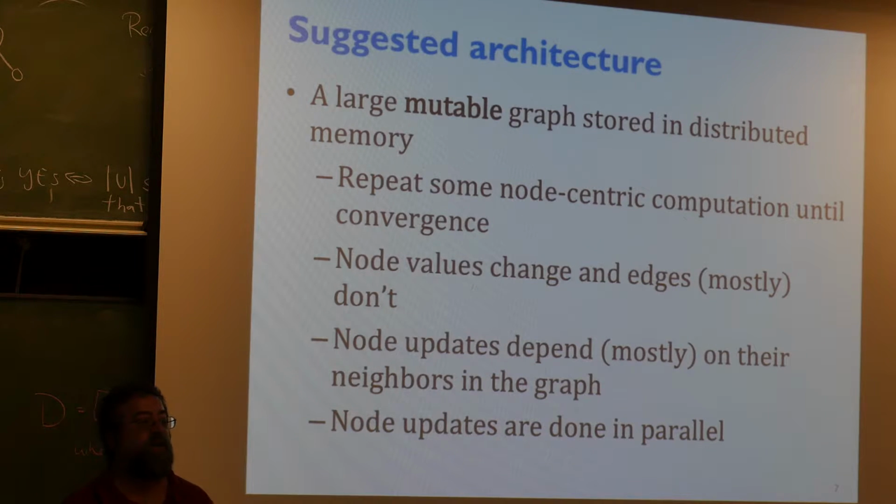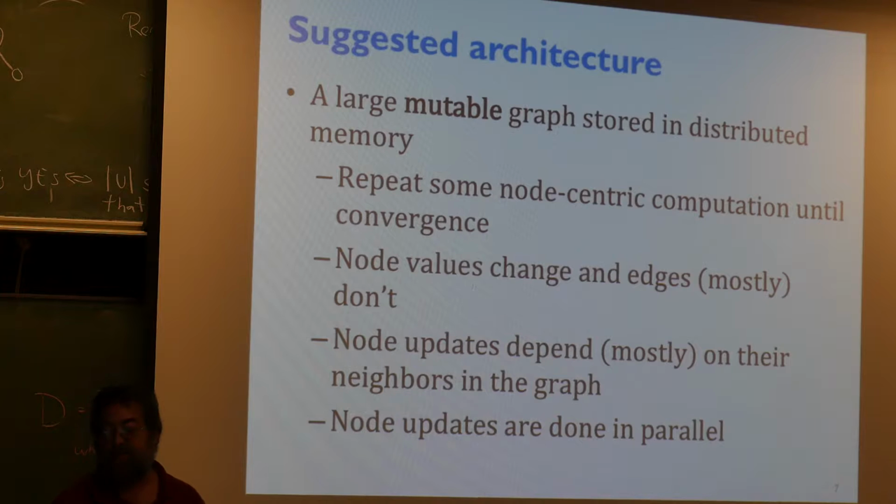It's stored in memory, typically in cluster memory, so usually it's distributed across multiple machines. Since this is parallel, we're going to at least have multiple threads accessing the graph. It'll certainly be accessed by multiple CPUs, and it might be distributed physically on multiple machines.